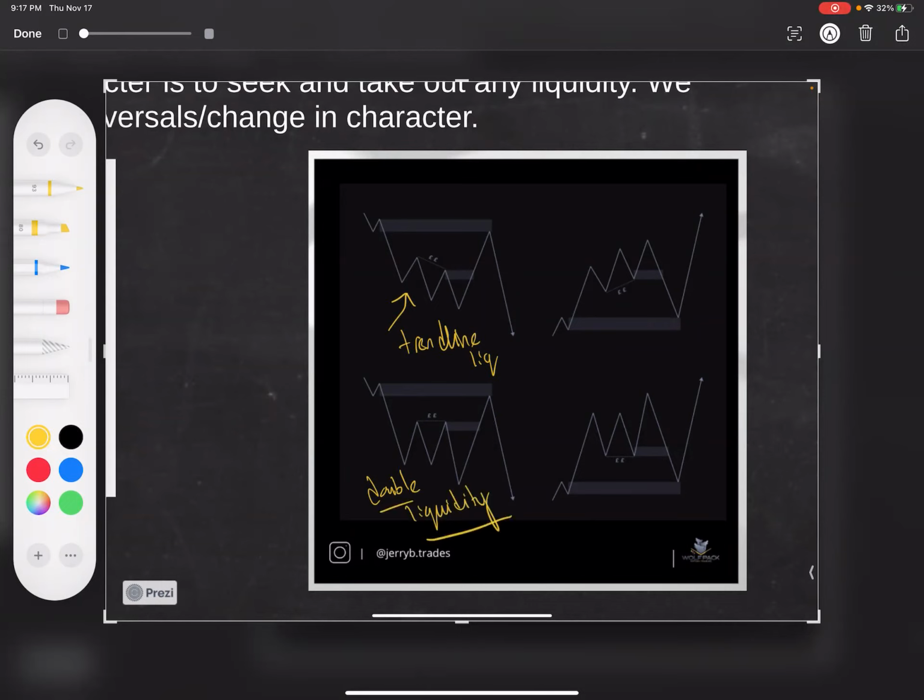Based upon my experience, I found that the best zones to model risk to reward off of are ones that put in a new significant lower low, as well as take out liquidity. So in this case, price put in a significant lower low, breaking structure, and it took out this previous low, previous liquidity here, all right?